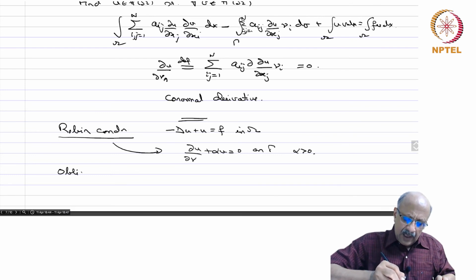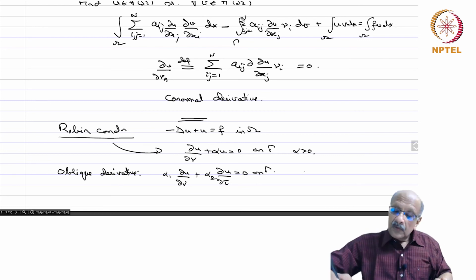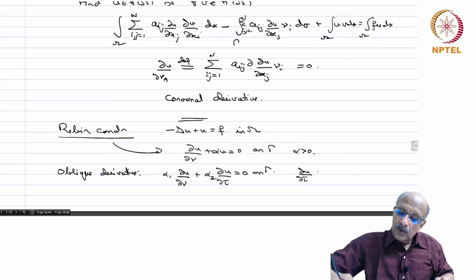Now you can also have the oblique derivative, namely alpha 1 du by d nu plus alpha 2 du by d tau equal to 0 on gamma. So du by d tau will be the derivative along a tangential direction.